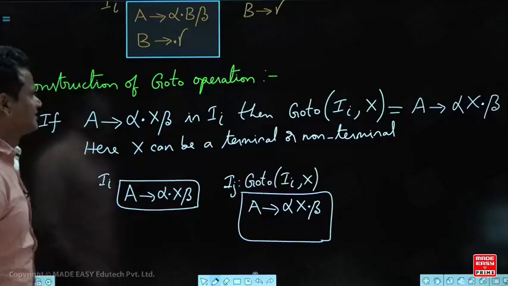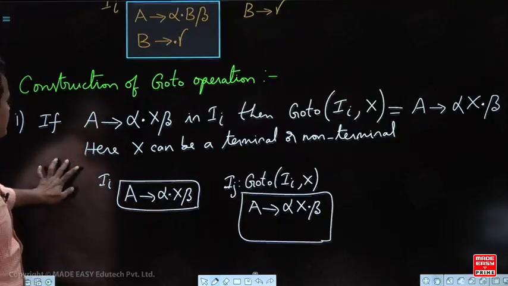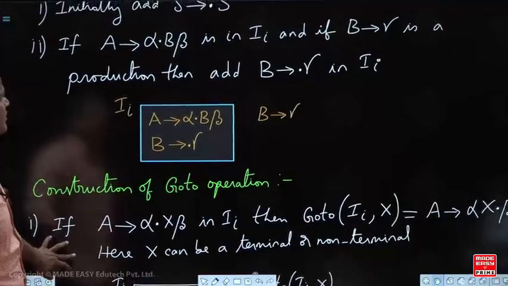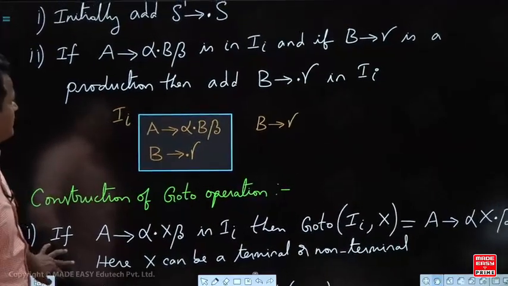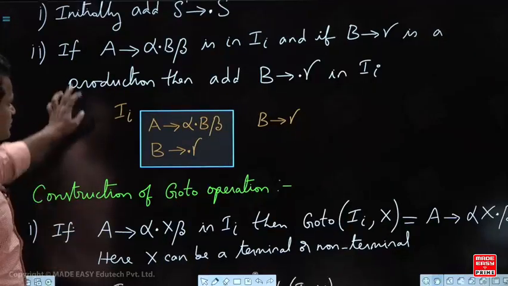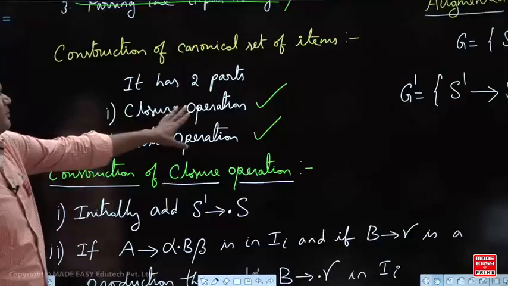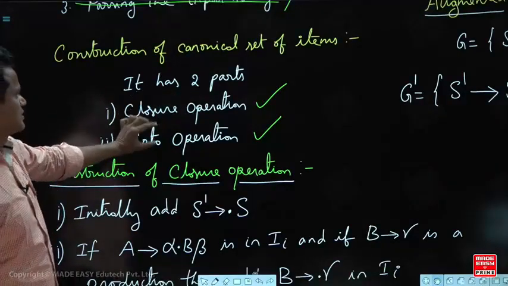Okay. Next. Copied. So it's simple. When we do the example, you will understand. Okay, closure operation and goto operation. So only two parts consisting of the canonical set of items. Closure operation, goto operation, two parts.